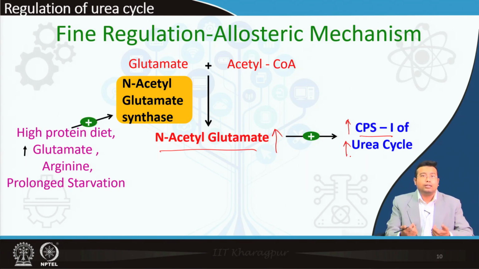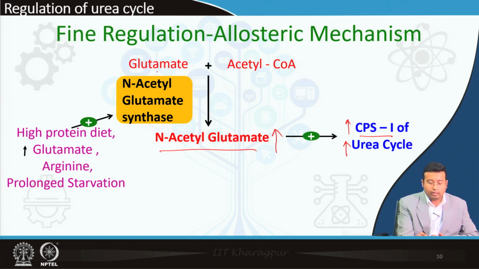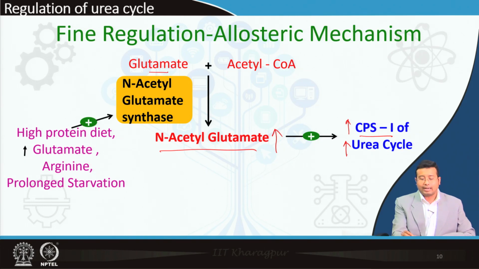We can actually synthesize N-acetyl glutamate in the body with the help of glutamate and acetyl coenzyme A. You already know by now the source of acetyl coenzyme A, from carbohydrate metabolism and lipid metabolism, and we also know how glutamate is produced, right.